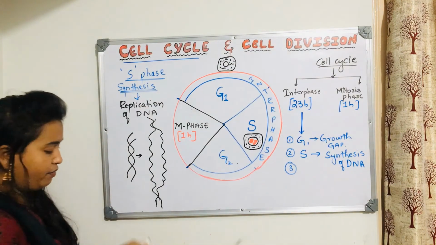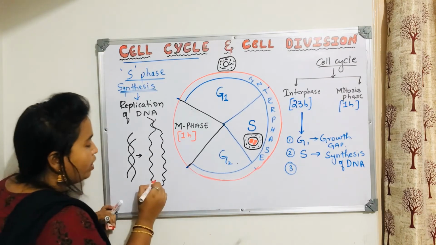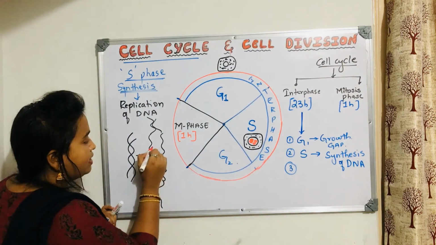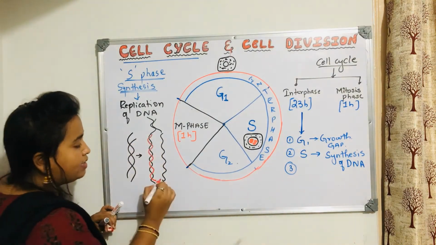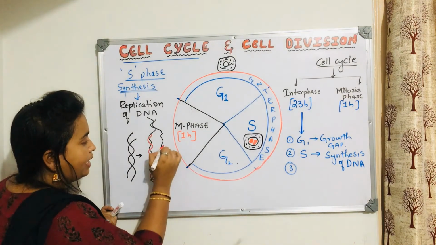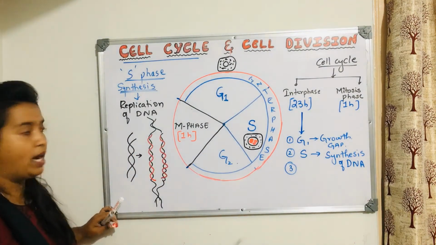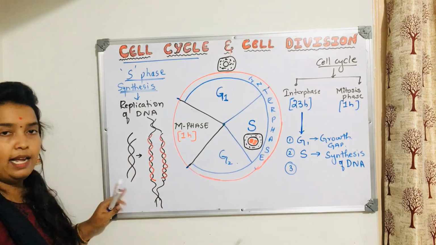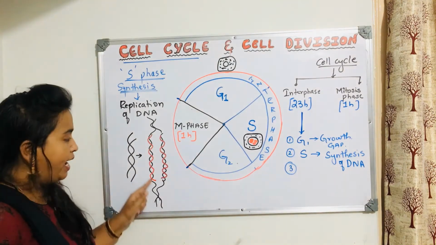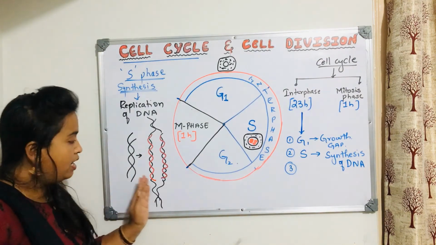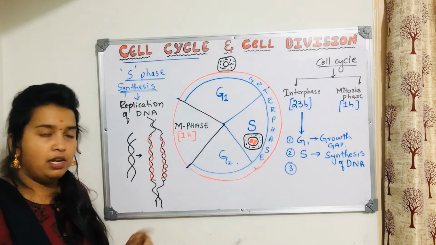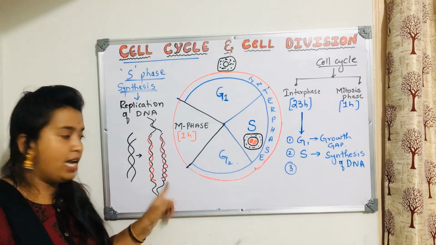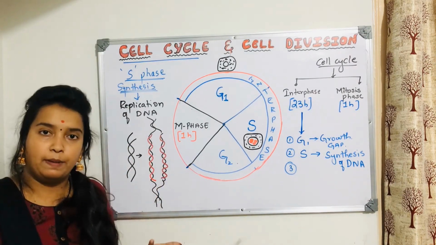This strand will produce its own another DNA like this, and this strand also will produce another DNA like this. What happened now? This DNA just opened up, and for one strand of DNA, a new DNA has been formed, and on the other strand of the DNA, another new DNA has formed.